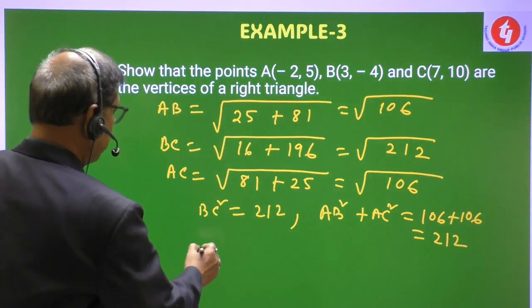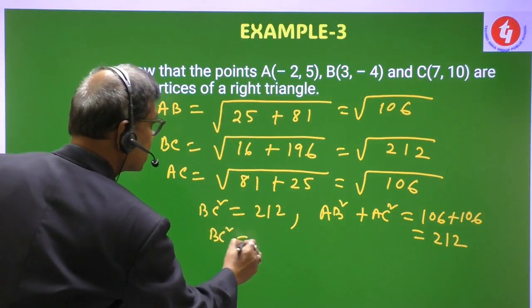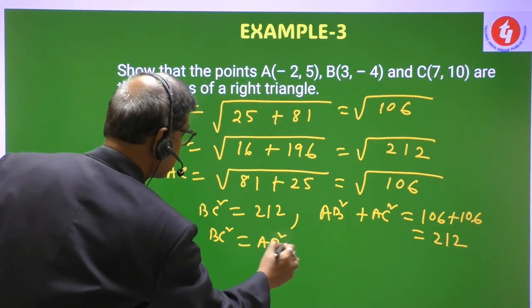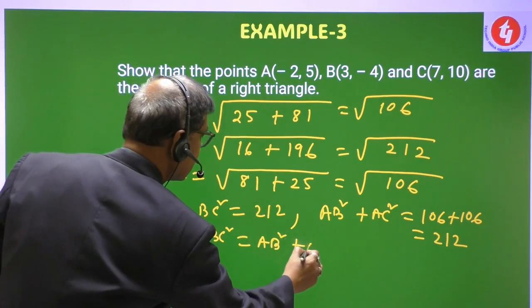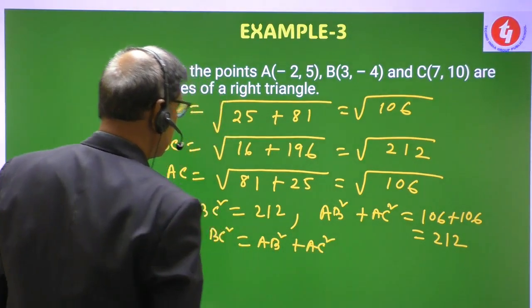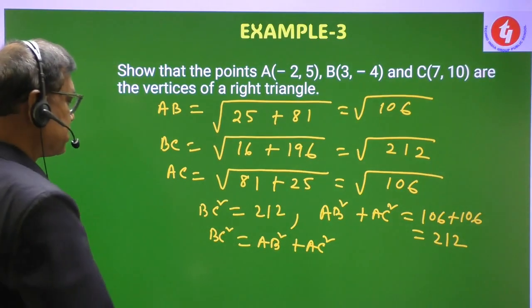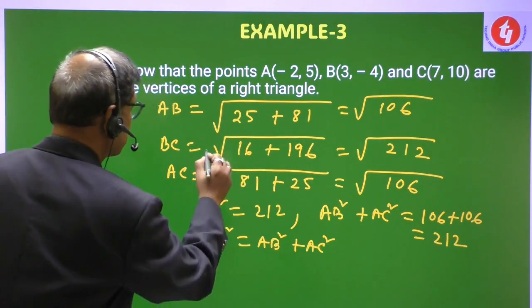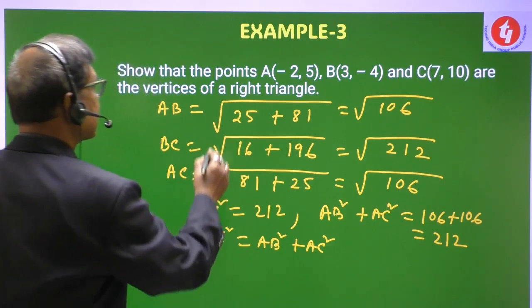So BC square equals AB square plus AC square, and this result implies the triangle is a right angle triangle.